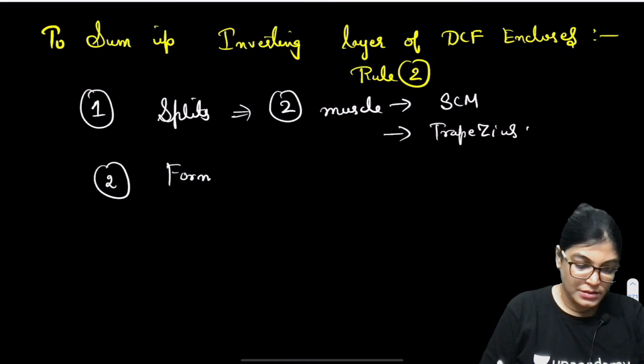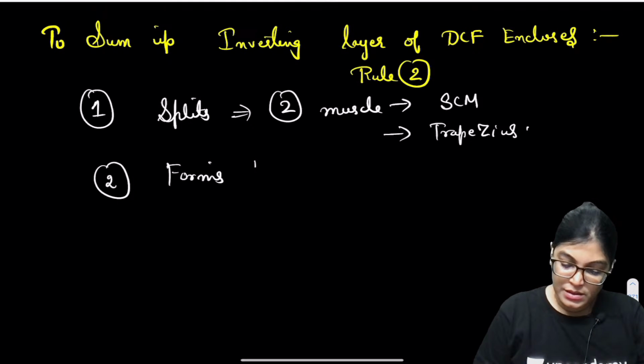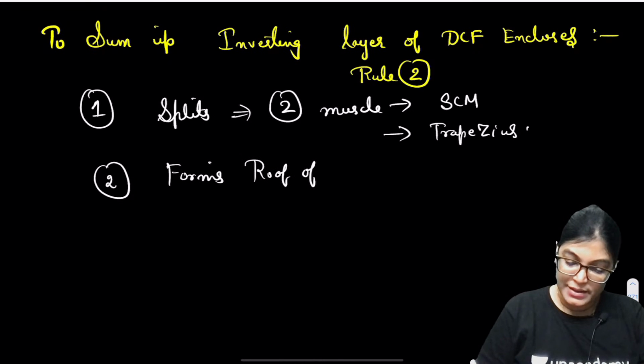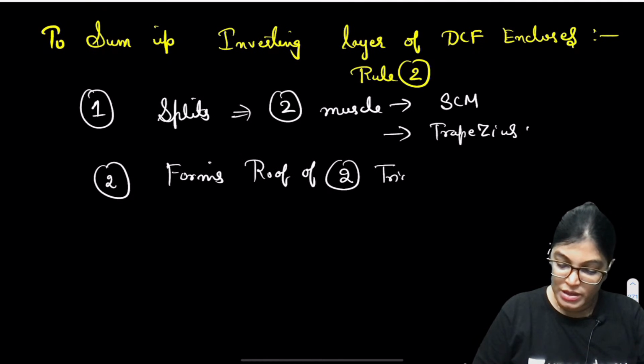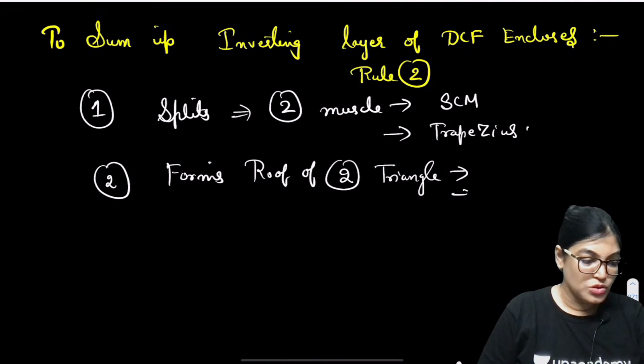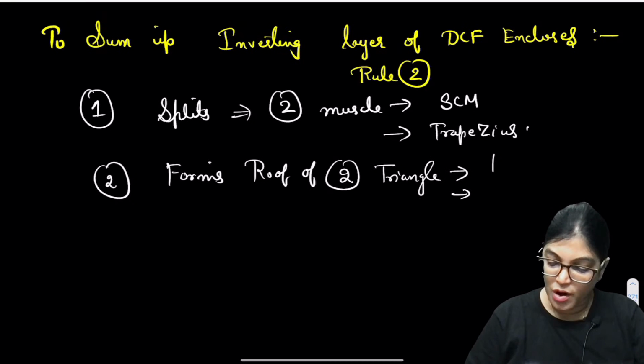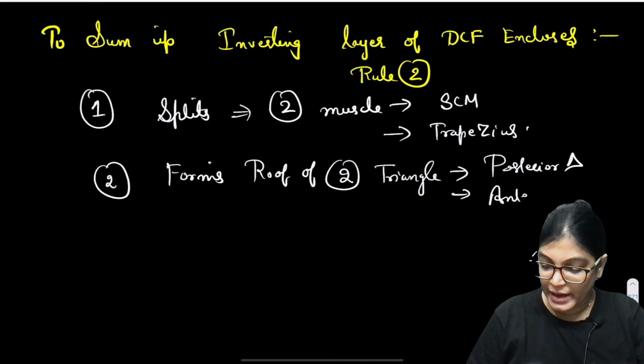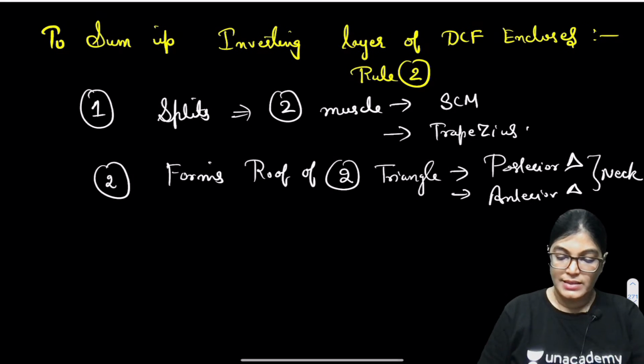It forms the roof of two triangles. Which two triangles' roof does it form? It forms the roof of the posterior triangle of the neck and the anterior triangle of the neck.